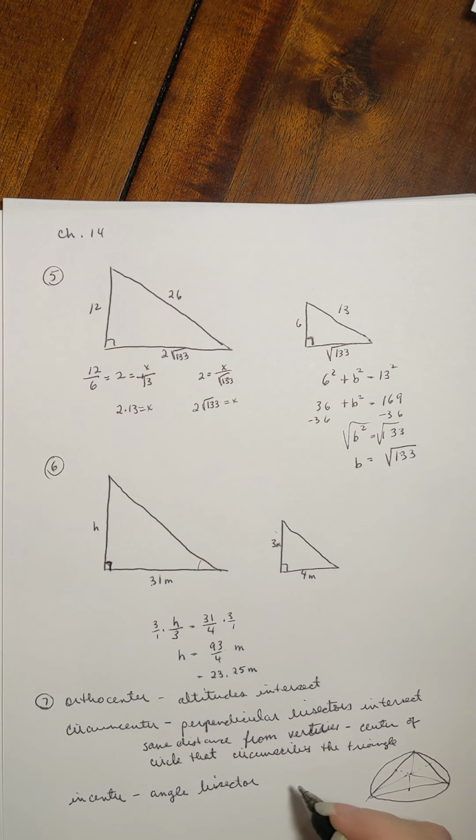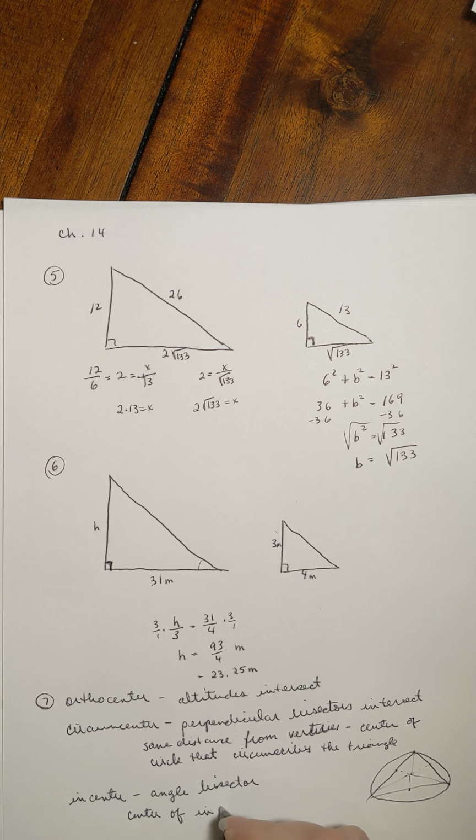For all the angles in the triangle. And it gives you the center of the inscribed circle. That's why it's called the incenter.